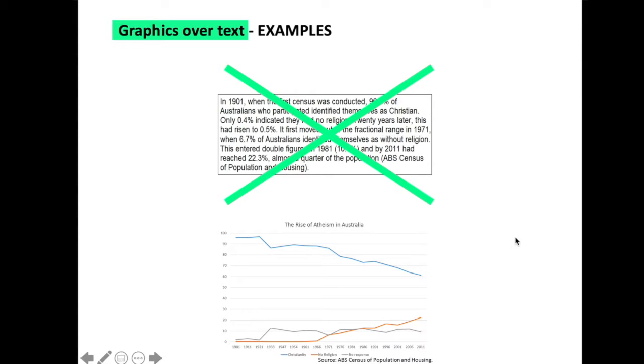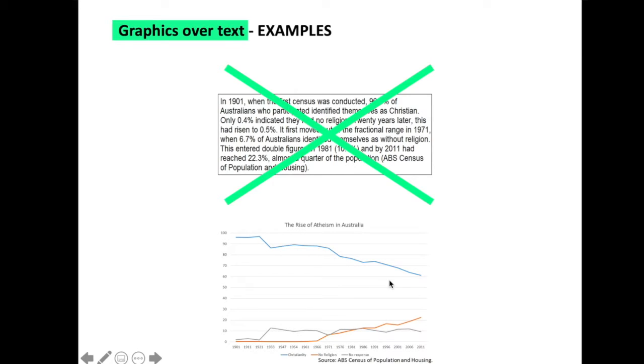And that information is provided by the title of the graph that you see here. On the y-axis, you have the percentage of the population. On the x-axis, you have the years over time. And then you see three lines that convey how changes have taken place over time.